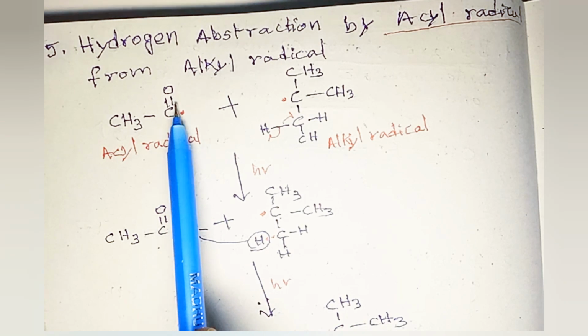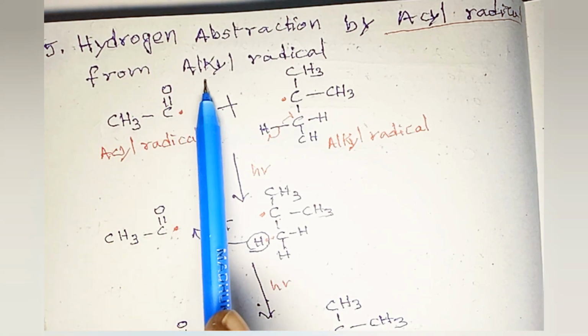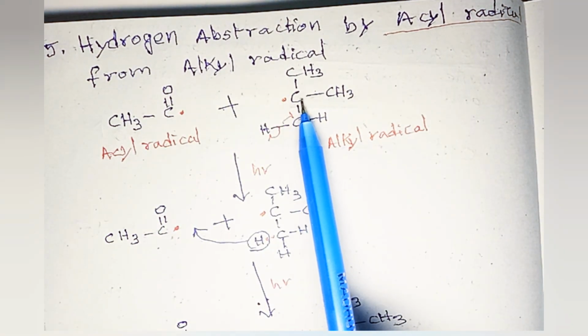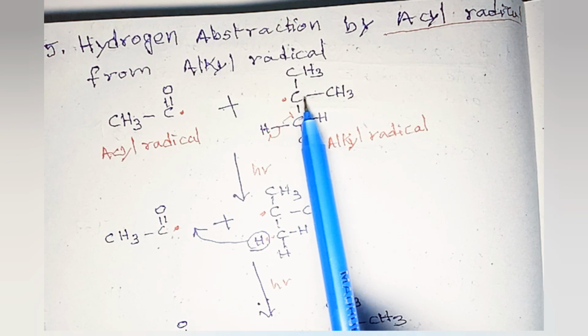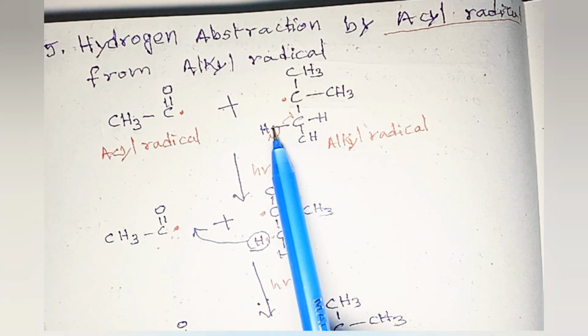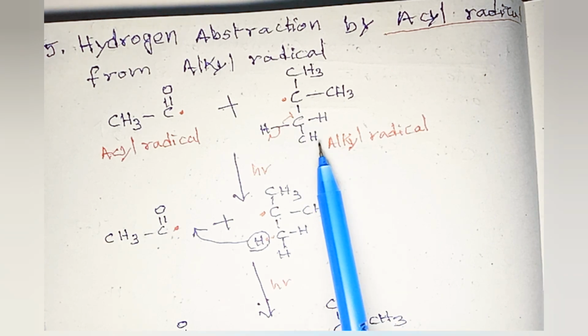CH3 C double bond O is the acyl radical. It extracts hydrogen from an alkyl radical. So the alkyl radical is written like this: CH3 CH3 C CH CH CH.